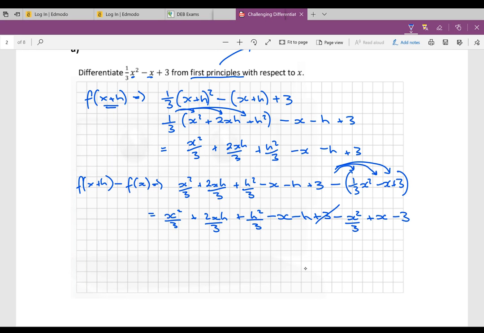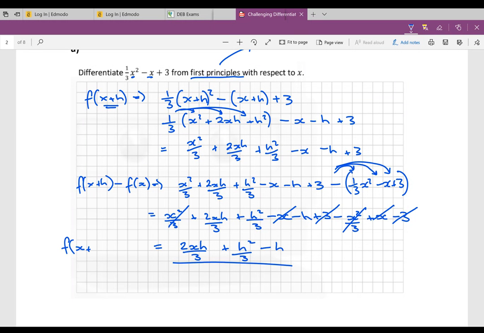Okay, so what I should have is that my entire f(x) term always cancels, and I'm left with 2xh over 3 plus h squared over 3 minus h.